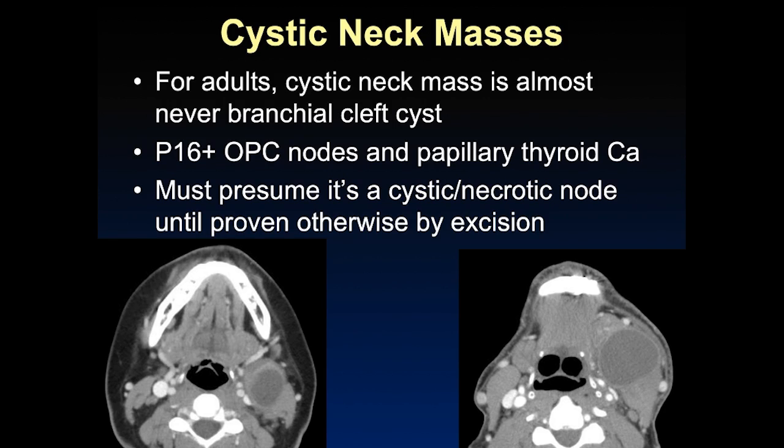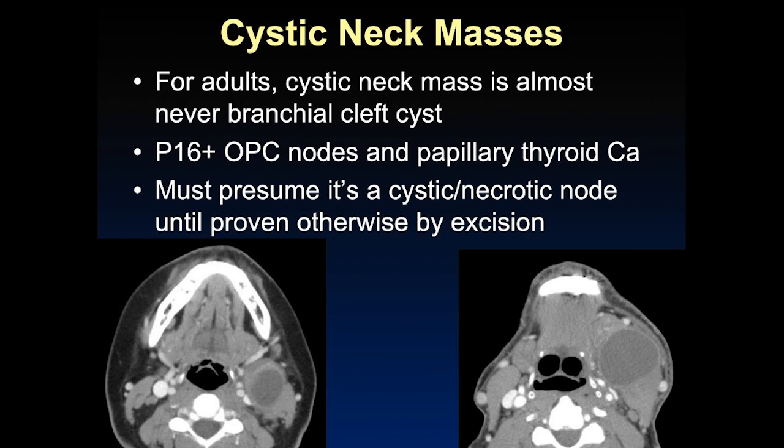More commonly, when you're faced with an adult patient, these are going to be metastases from a P16 positive or HPV related oropharynx cancer, or a metastasis from a papillary thyroid cancer. These are much, much, much more common than a branchial cleft cyst, which will generally present before people reach adulthood.